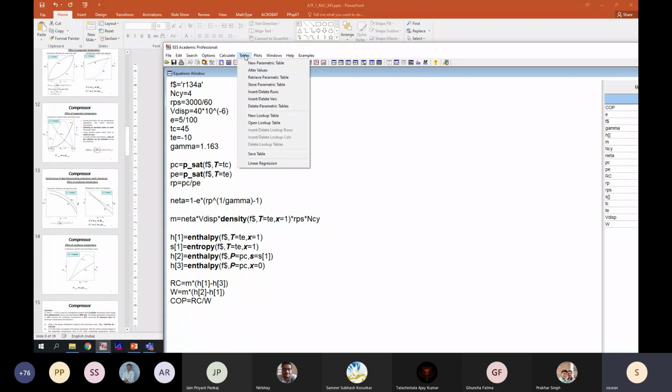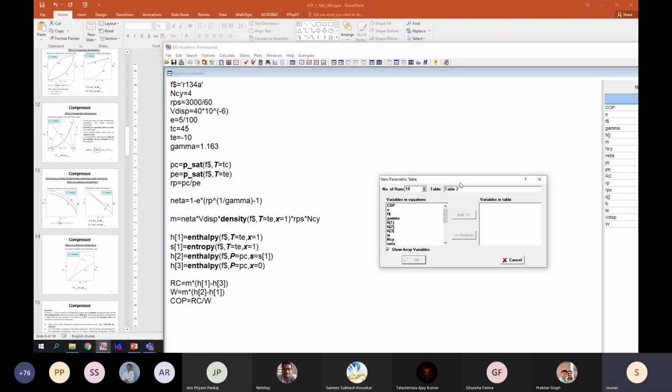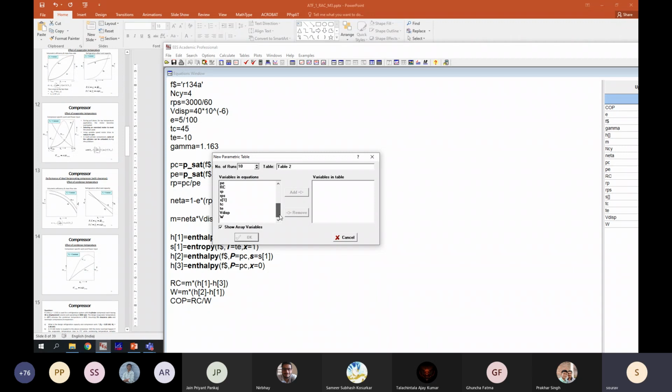So we go back to the table and we can now plot COP and refrigeration capacity and work input to the compressor. Parametric table. We want T evaporator. Where is T evaporator? T evaporator. Then we want N. We want RC, work.